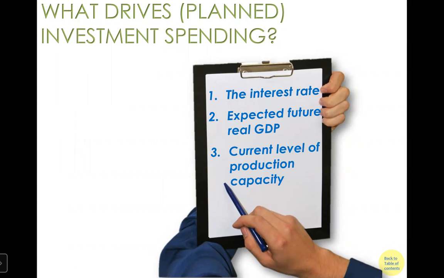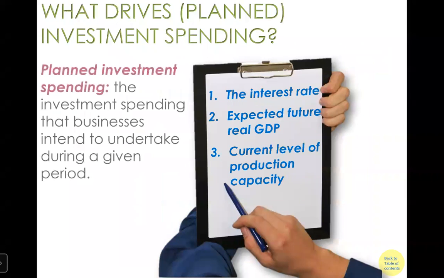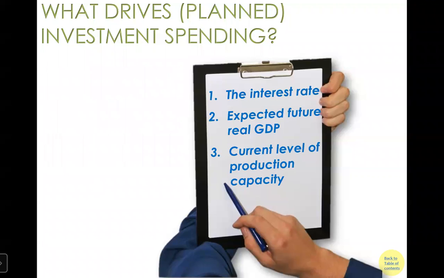Here we have a couple of factors. This includes interest rate, expected future real GDP, and the current level of production capacity. How do we understand the impact of each factor?